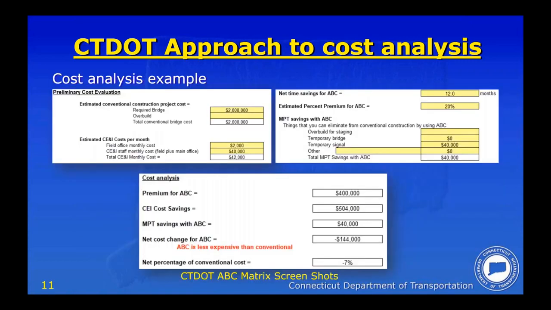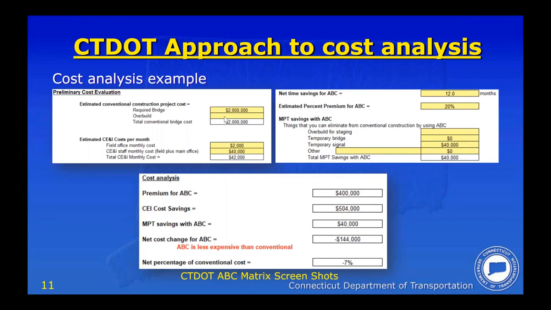So our approach to cost analysis here, there's one sheet in our decision matrix that is strictly on costs. So the preliminary cost evaluation is done for ABC and conventional. In this case, this is a hypothetical bridge project with a cost of $2 million.